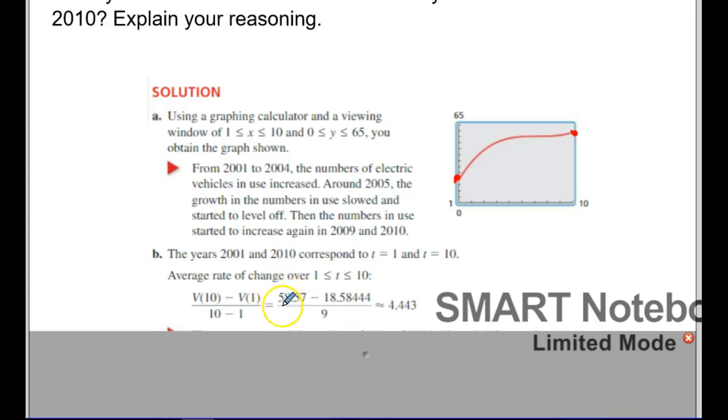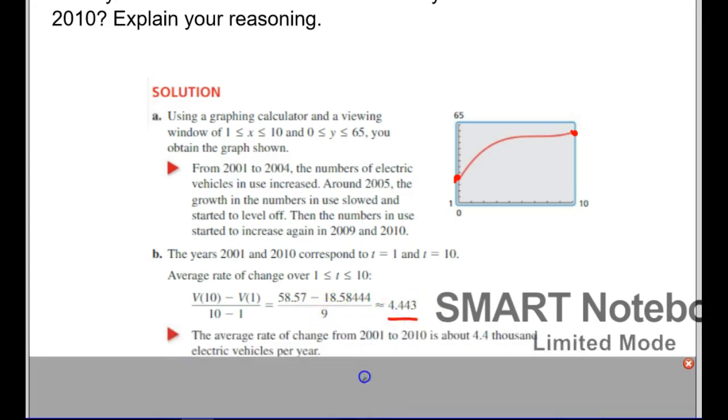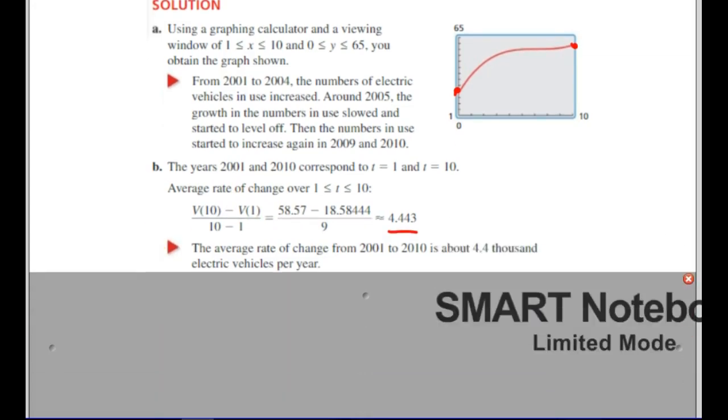So I take my change in y over my change in x, which gives me an average rate of change. In the context of this problem, there was an increase of approximately 4.4 thousand electric vehicles per year. That's what the average rate of change tells me.